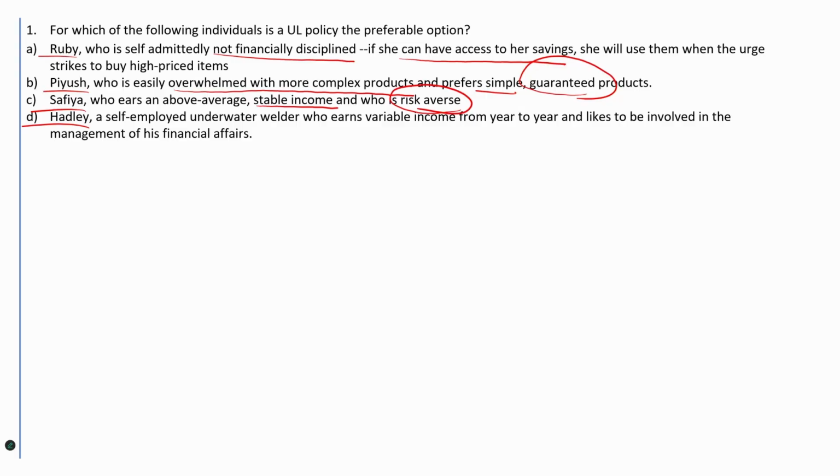So if somebody is looking for a guaranteed product, somebody is risk averse, somebody prefers simple products, not complex ones, somebody that usually has no control over their spending, a universal life is not a good product. But for somebody that has a variable income, because of the minimum maximum funding that we can do and we can make changes, obviously a universal life is a good option.